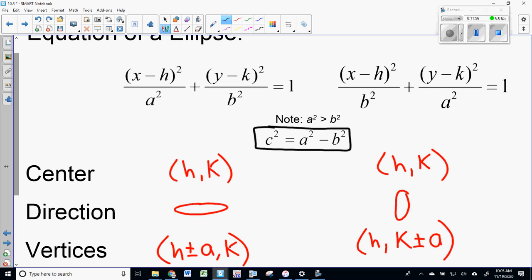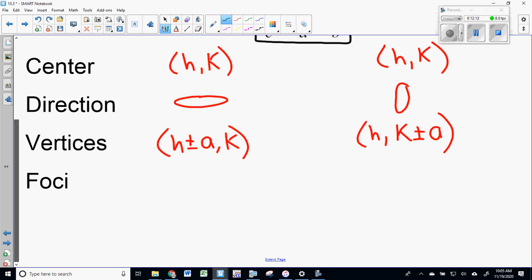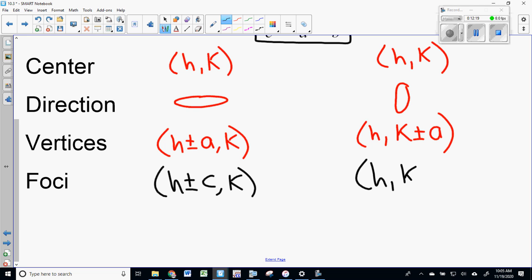The way to kind of remember that, we're going to eventually look at hyperbolas. And the difference with hyperbolas is there's going to be a minus here, and there'll be a plus there. We'll get to those later. Okay? So we need to find C because our foci is H plus or minus C, K, or H, K plus or minus C. So one of the first things you're going to do is you're going to graph.